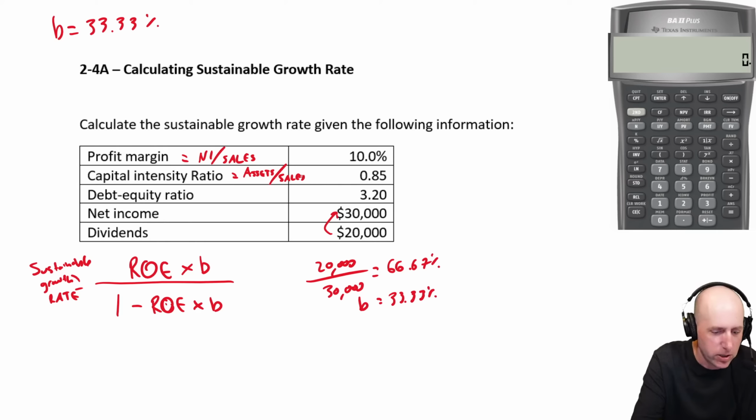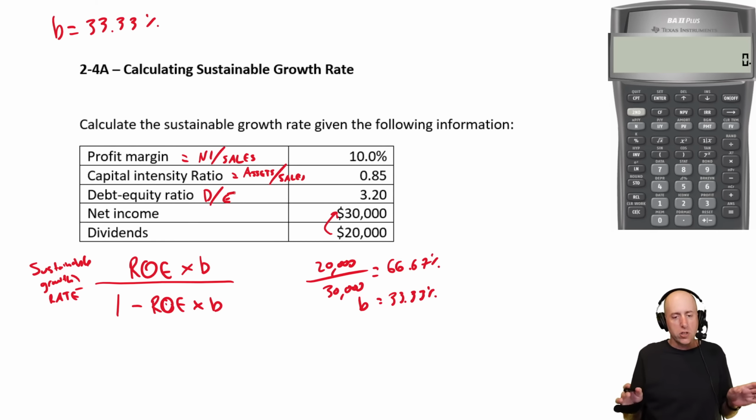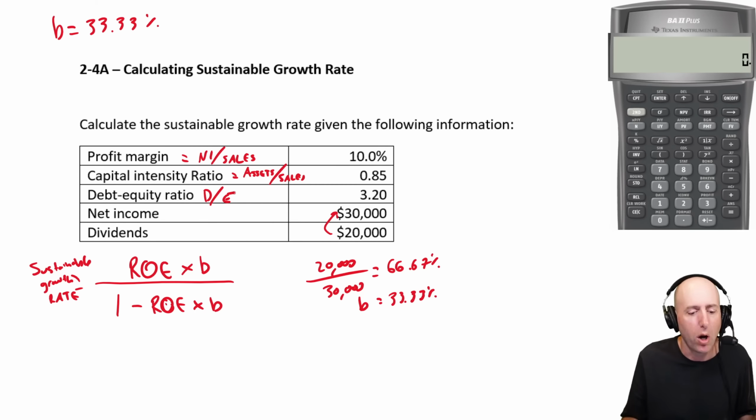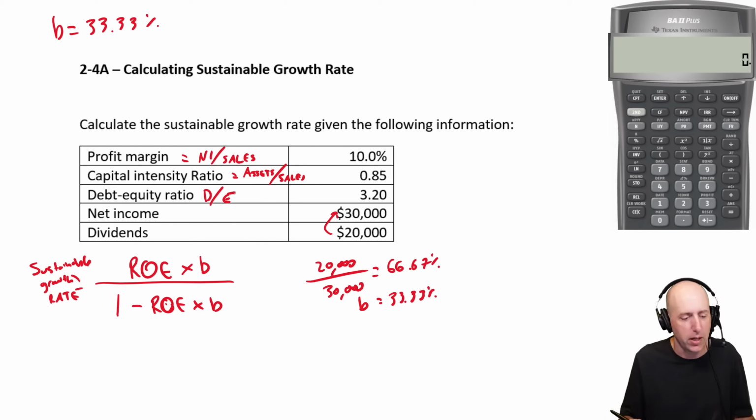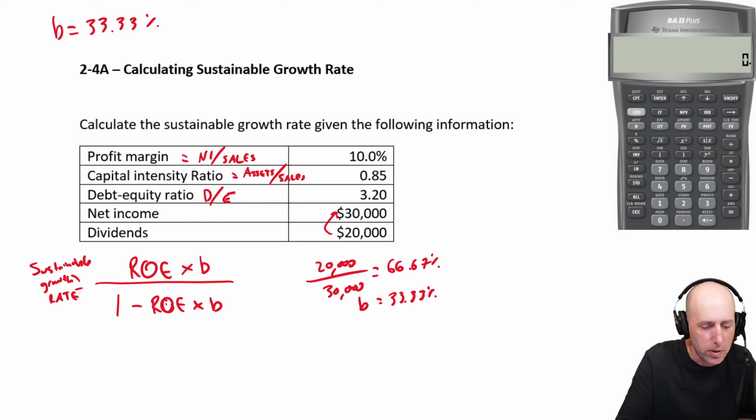And debt to equity ratio is debt divided by equity. Okay, so we're just going to try to figure out the raw numbers here, and we'll work our way down from profit margin and try to figure out missing numbers.